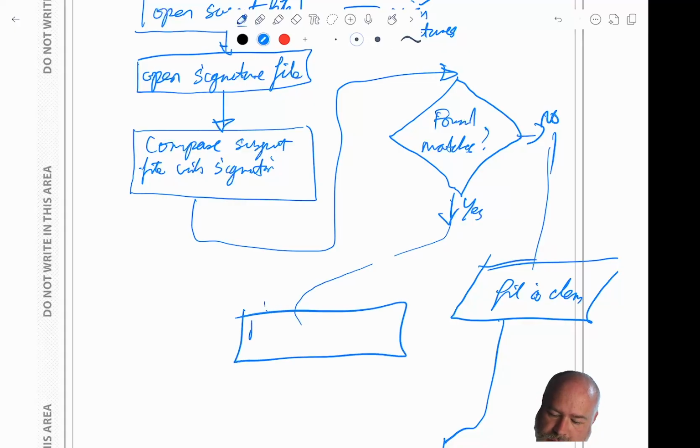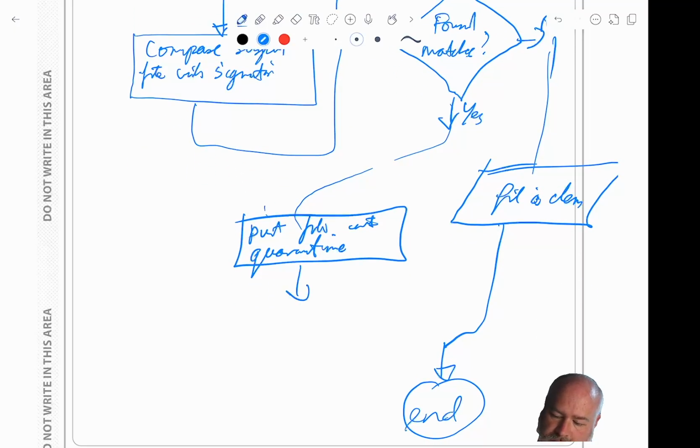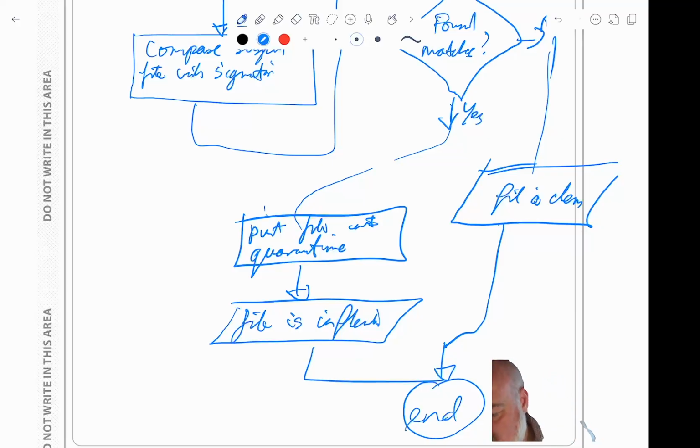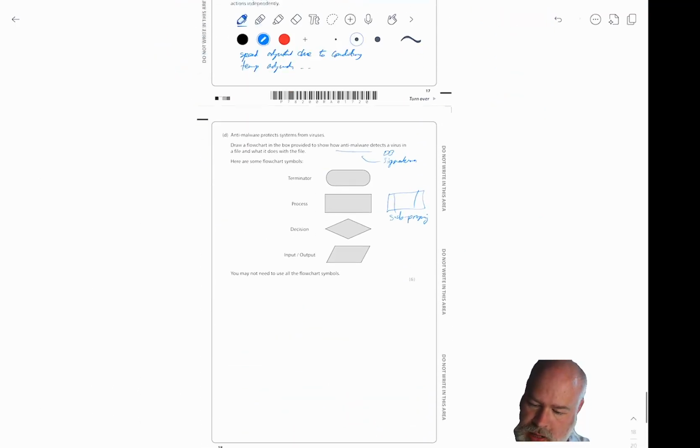Process, put file into quarantine, which is like a safe place on the computer, and then tell the user what's going on. So you can say parallelogram output to the system, file is infected, and then stop. It'd be best to say stop. Okay. Good.